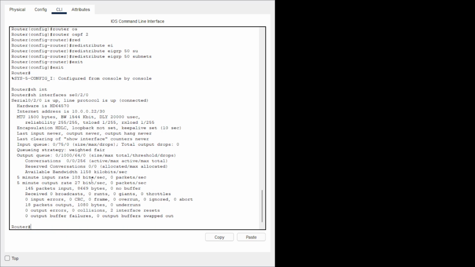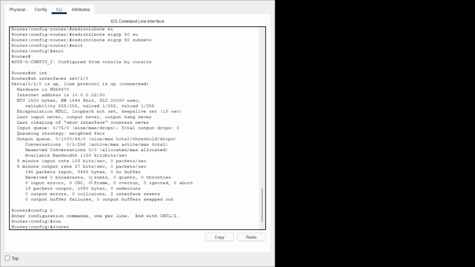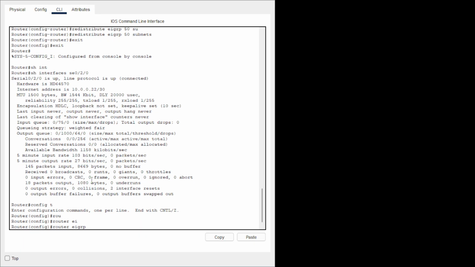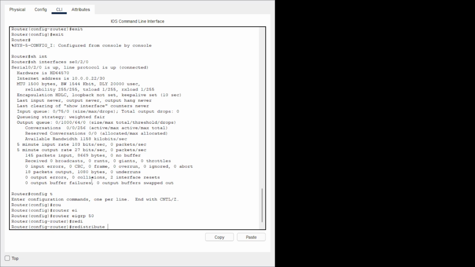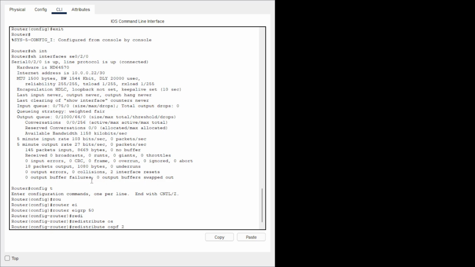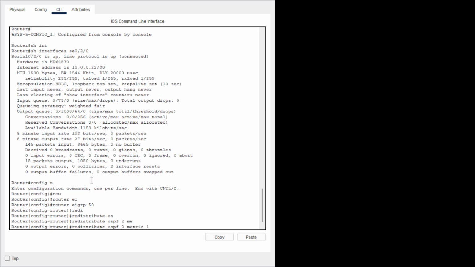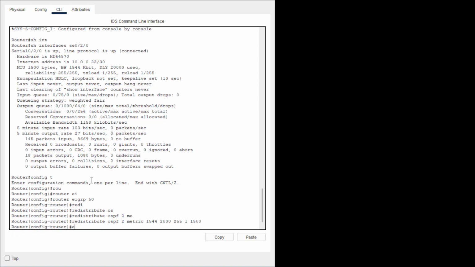So config T, router EIGRP with ASN number 50 and redistribute OSPF process ID 2 with metric bandwidth 1544, delay 2000, reliability 255, load 1, and MTU 1500. Exit.